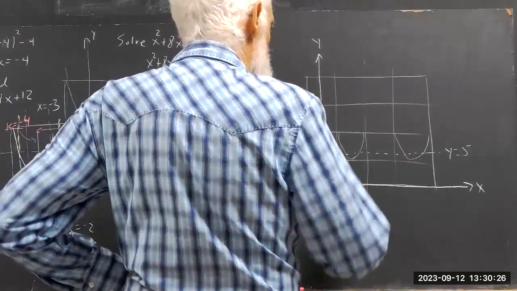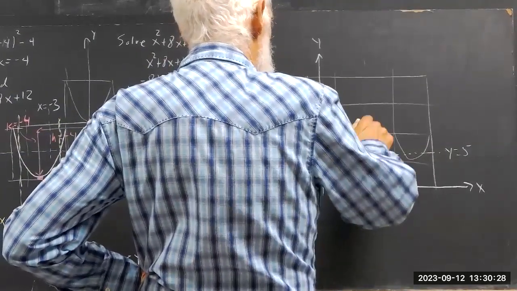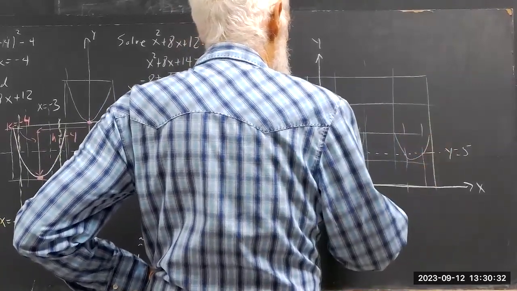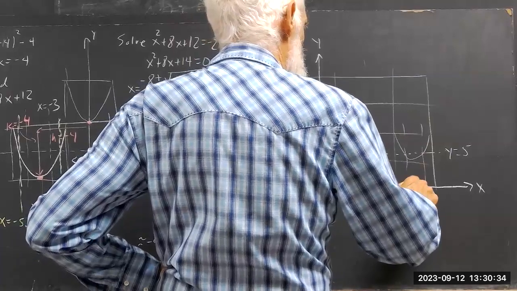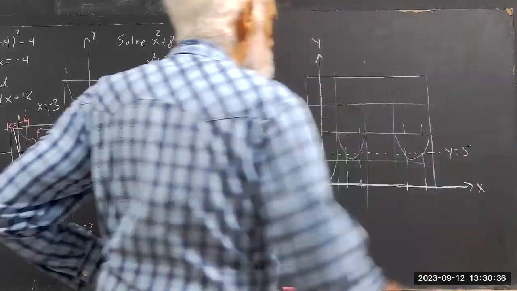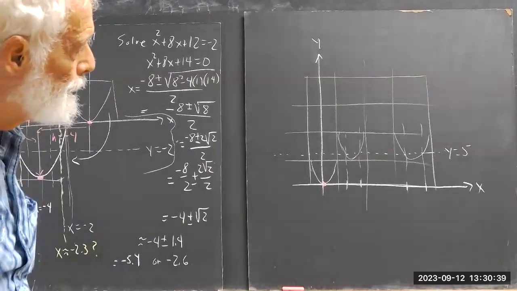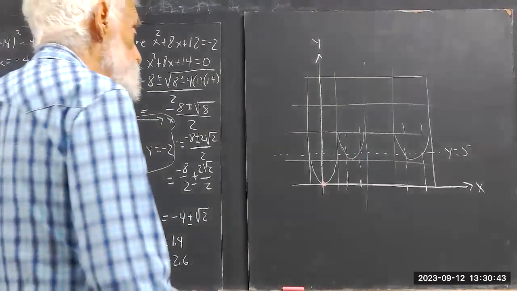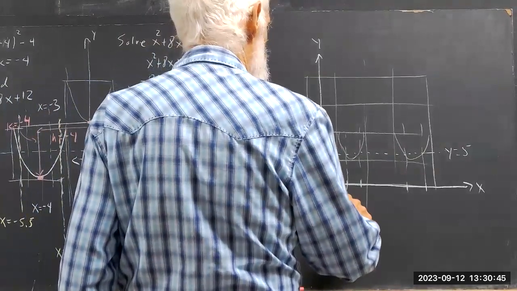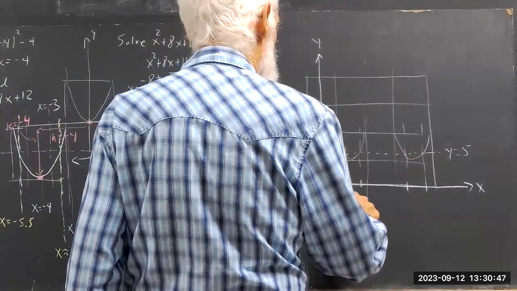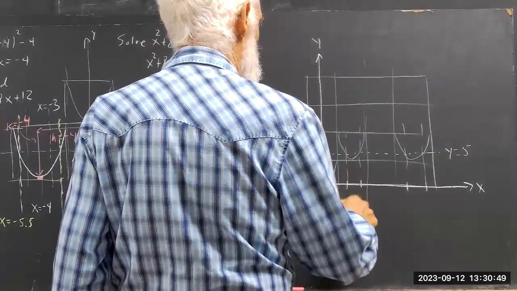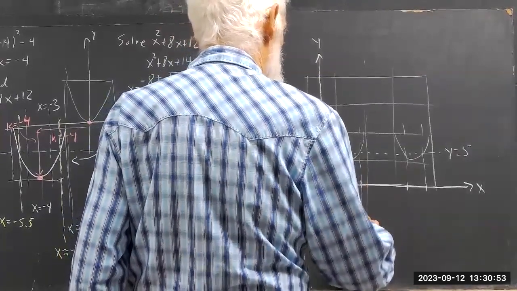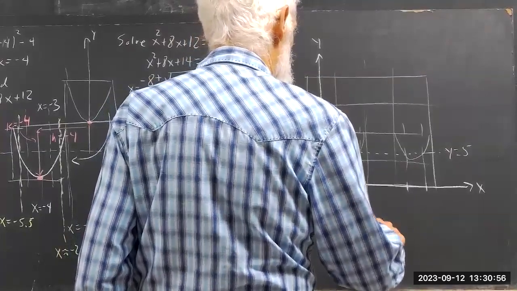Then I just ask you to estimate the x coordinates of the points where one graph or another intersects the line y equals 5. This looks like it's probably about x equals 3, here maybe x equals 5.